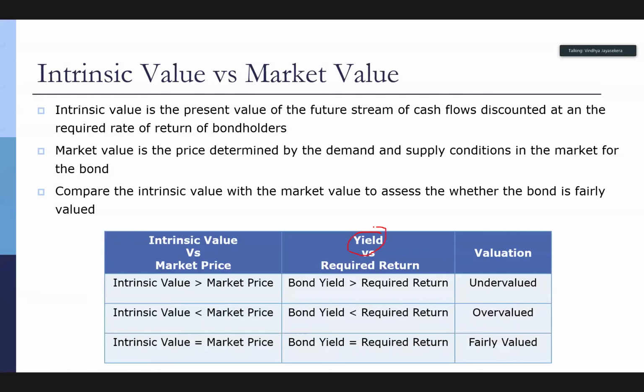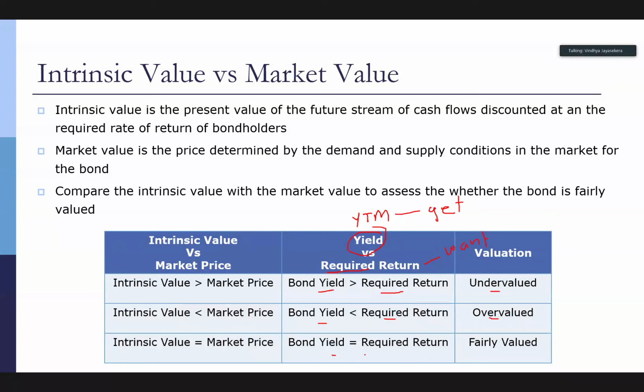Yield is the yield to maturity. So yield to maturity is what you will get. Required rate of return is what you want. So you always compare what you want against what you will get. If what you are going to get is greater than what you want, the bond is undervalued. If it is less than what you want, the bond is overvalued.